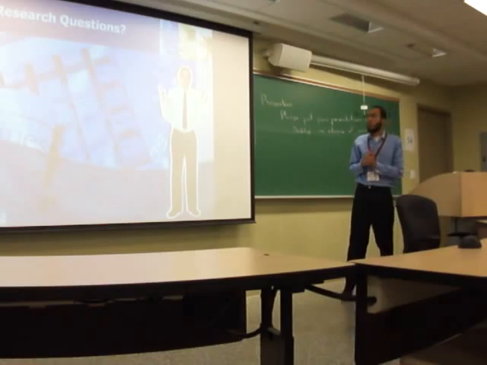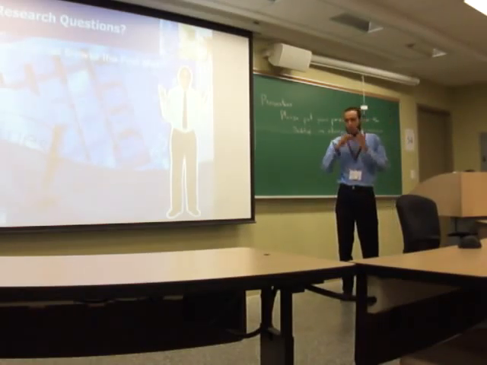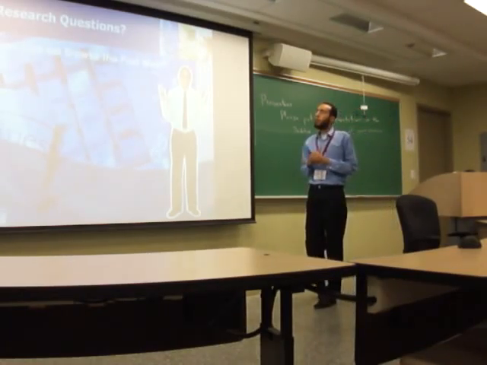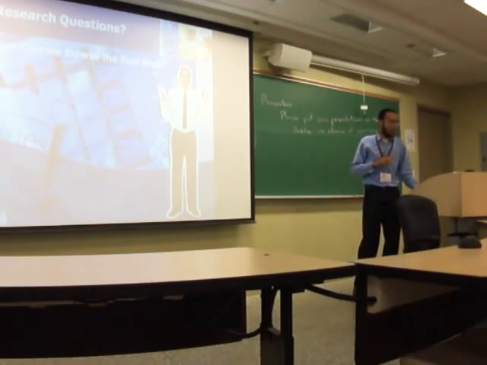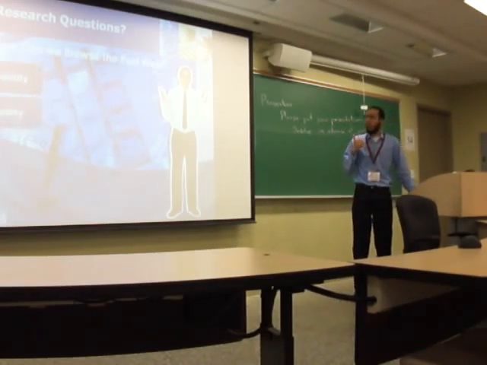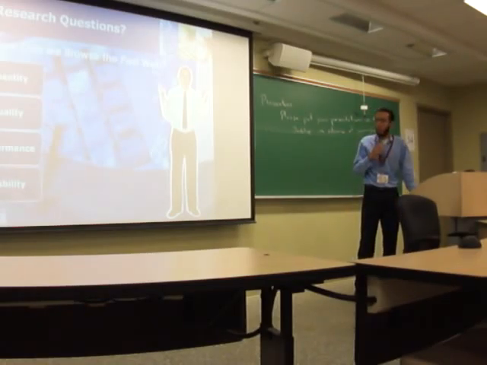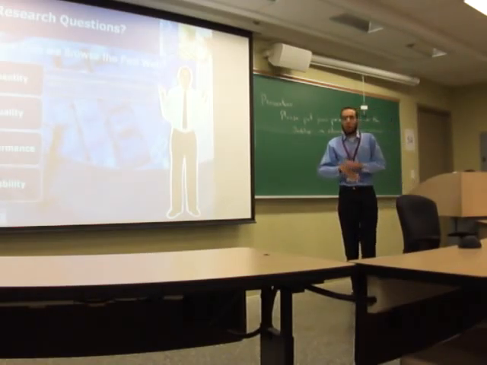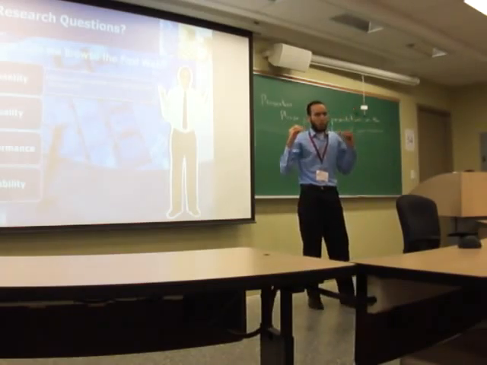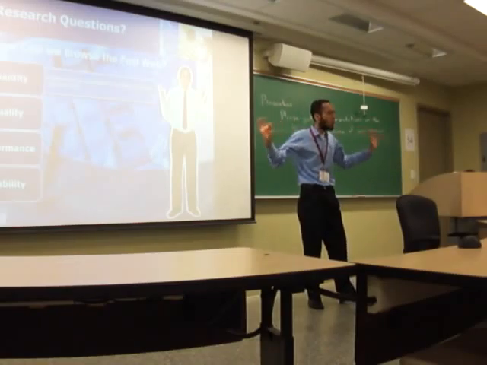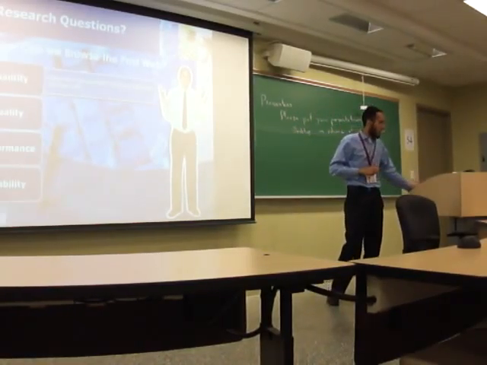So what is our research question? Our main question: how can we browse the past web with quantity, quality, performance, and usability? With quantity: what are all the available archives for a specific URI, and how can we collect all the available archives for this URI?